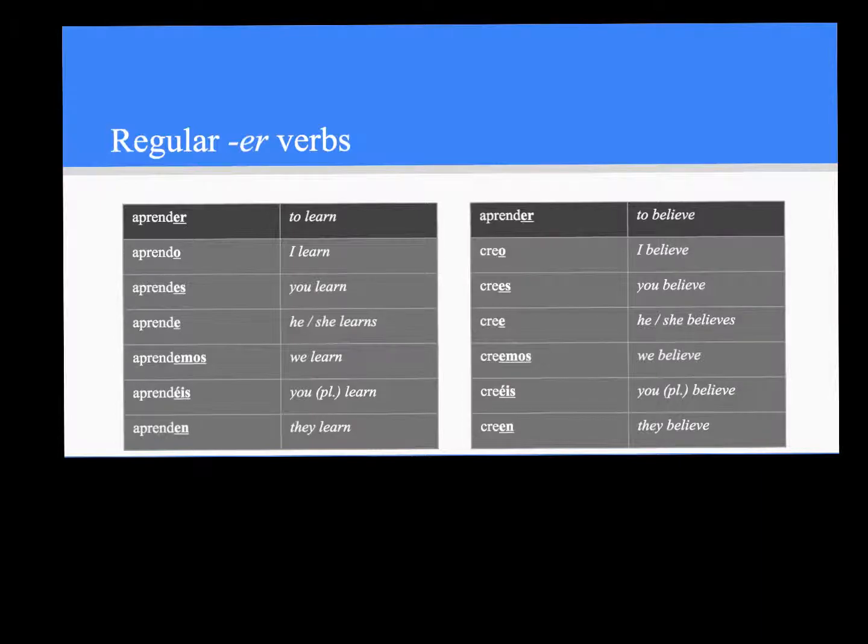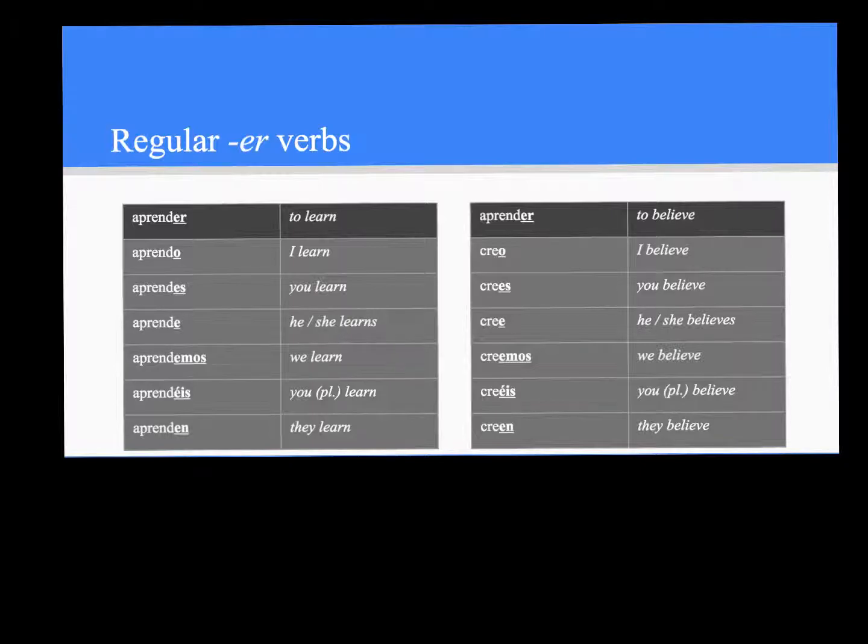And here we have an example of aprender, to learn. This verb is conjugated as follows then, in the singular: aprendo, aprendes, aprende. You'll notice that that is exactly the same as the endings for the singular of a regular IR verb, such as vivir, which would have been vivo, vives, vive.